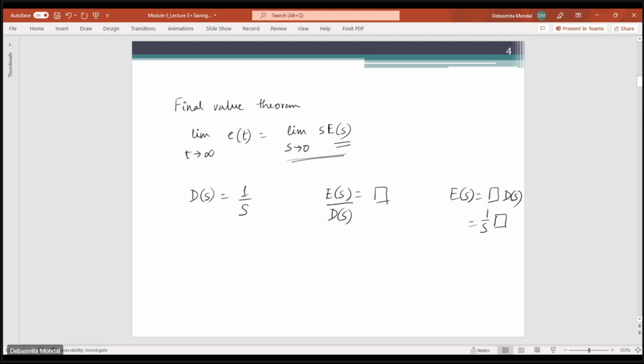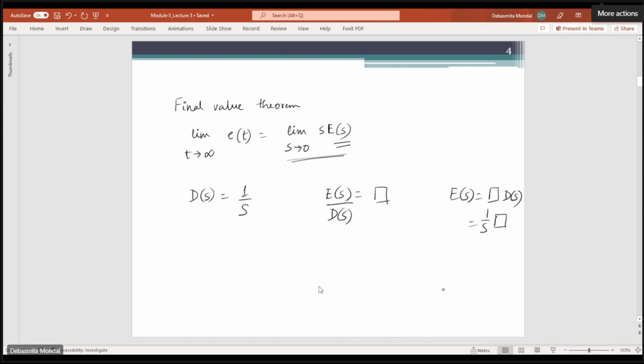Similarly, if you want to find the steady state value of not only the error, it can be any signal, it can be the steady state value of the output signal also. If you know the value of that variable in time domain, then you can do limit t tends to infinity of that variable. Otherwise, if you know the Laplace transform of that variable, then you can use the formula limit s tends to 0, s into ES.